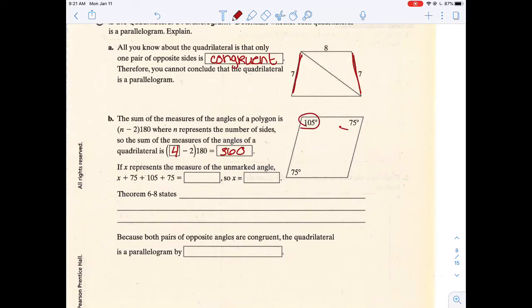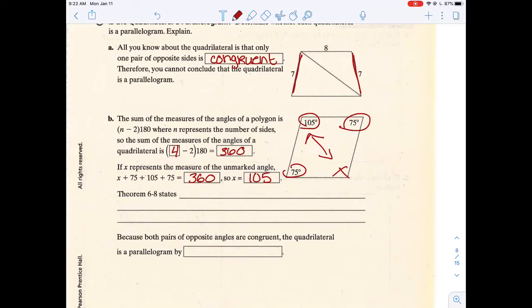Okay, so if we add all of these up, and they use x for this angle, we can figure out what x is. So x plus 75 plus 105 plus 75 has to equal 360. If we subtract, x is left with 105 degrees. So these are the same opposite angles.